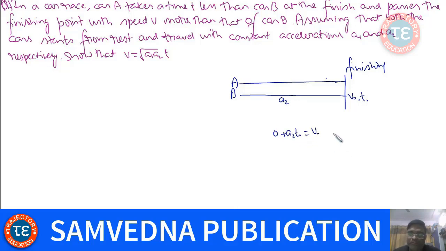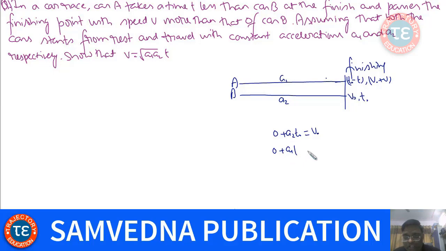So I can say 0 plus a2 t naught is v naught, and car A takes t time less, so it takes t naught minus t time, and the velocity it reaches is v naught plus v, and the acceleration was a1.